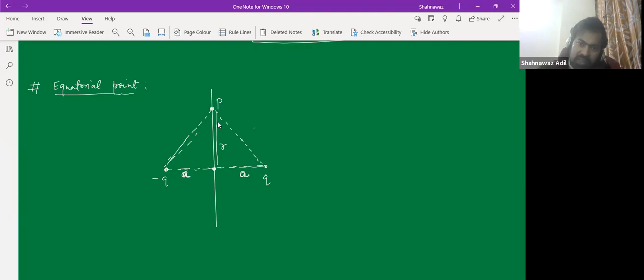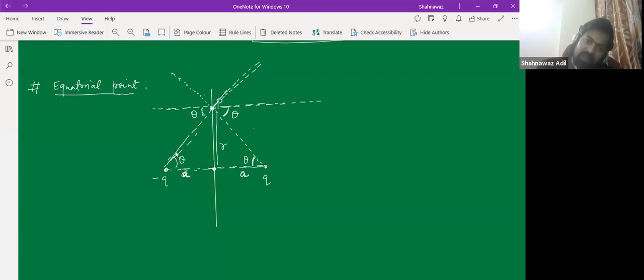This is your theta, and if we draw a perpendicular line from it, because this is theta, this would be theta, and again this would be theta. If we extend this line, and extend this line, this is theta, this would be theta.